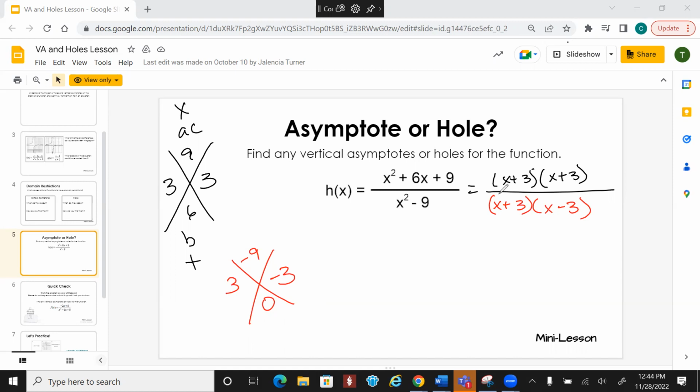So we're going to cancel one of those out. That means that it's going to be a hole at x equals, remember, we're going to switch the sign, -3. And then we have a vertical asymptote at x equals +3. The signs do matter.